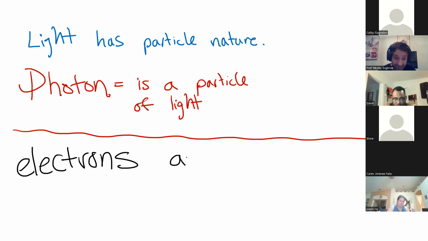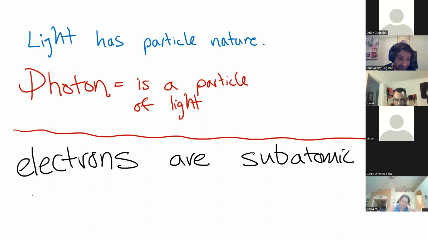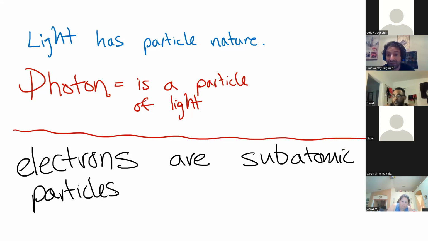So electrons, before that, we knew that electrons are subatomic particles. I mean, at the beginning of this chapter, we literally say there are 3 types of subatomic particles. One of them is the electron. It's a particle.